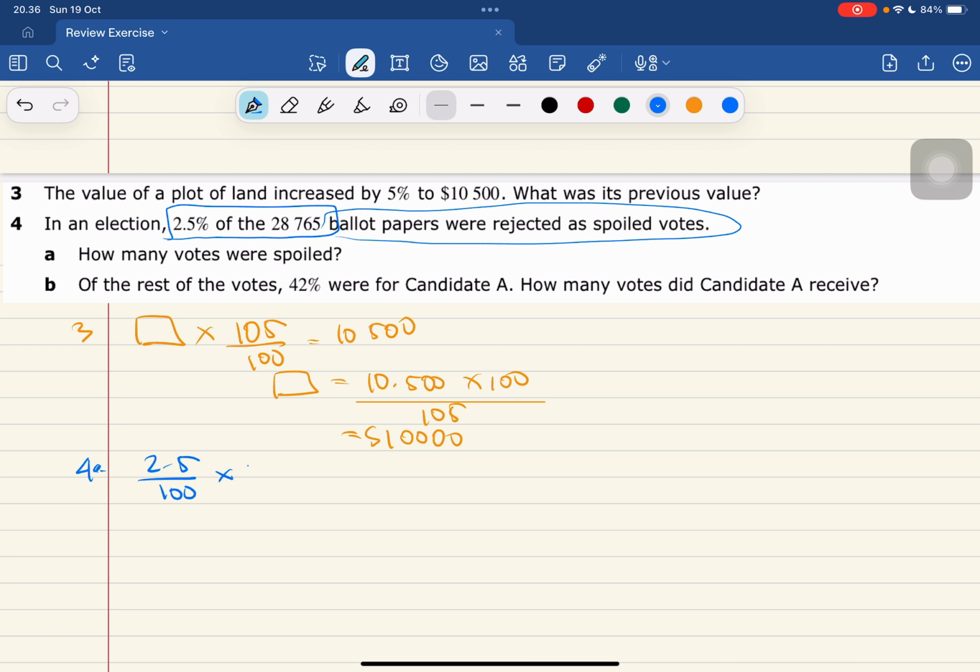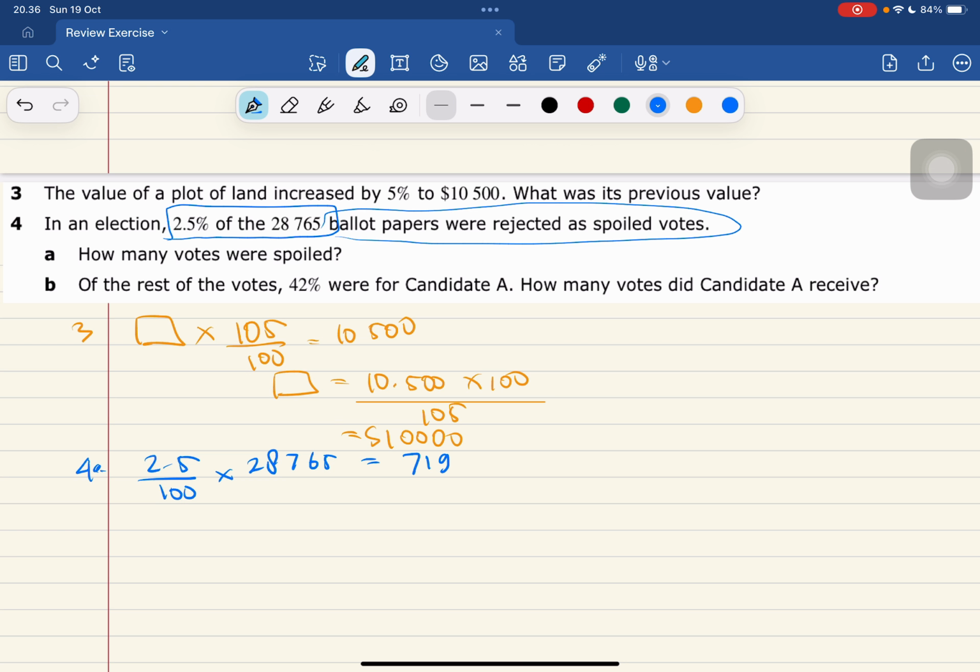We multiply by 28765. So we can recalculate it. 2.5 times 28765, and we divide it by 100. So this is going to be 719. Okay, we can make it 719.